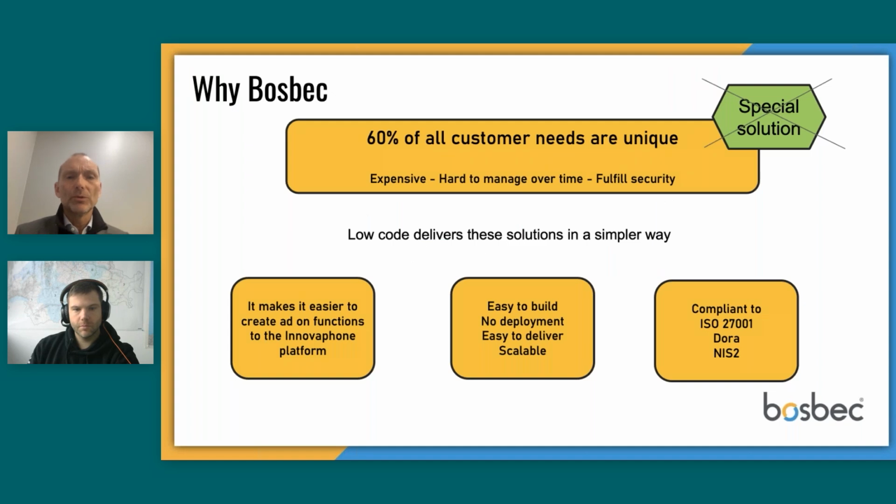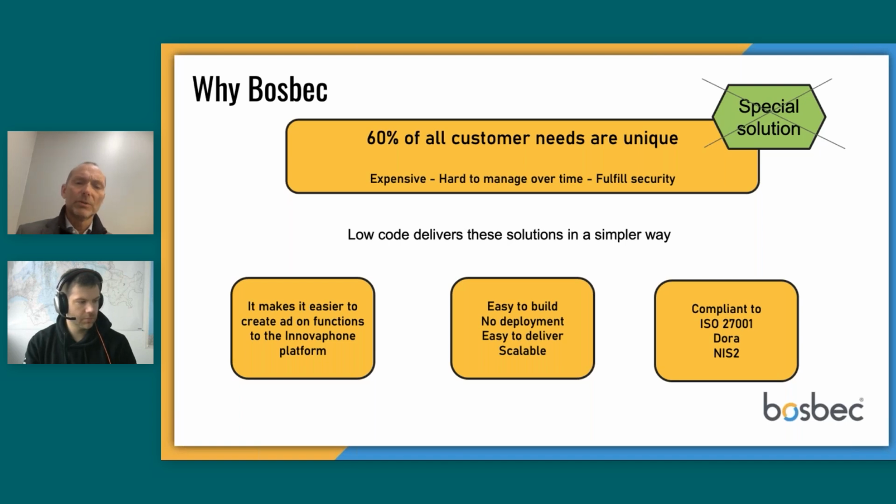So why would you like to do it like this? We can see that 60% of all the customer needs are unique, and you don't want to build a special solution because it will make it very expensive, and it will be hard to manage over time, and it will also be hard to fulfill security.